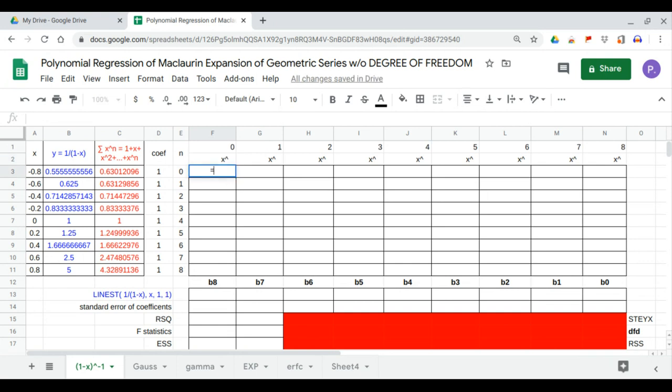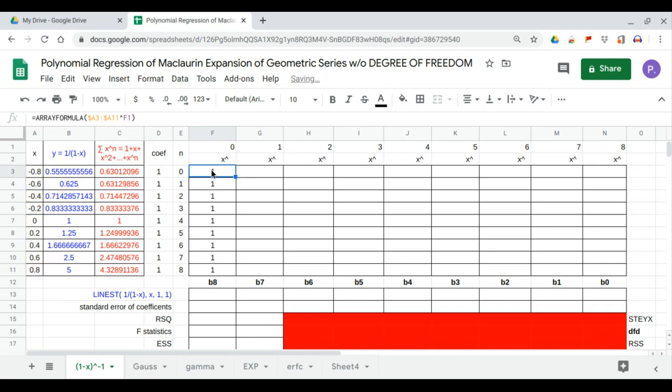So this is array formula of the x values raised to the power 0. So we have the column for the 1 column, or x to the 0 column. We will copy this formula to the rest of the columns, but we'll have to lock the references.